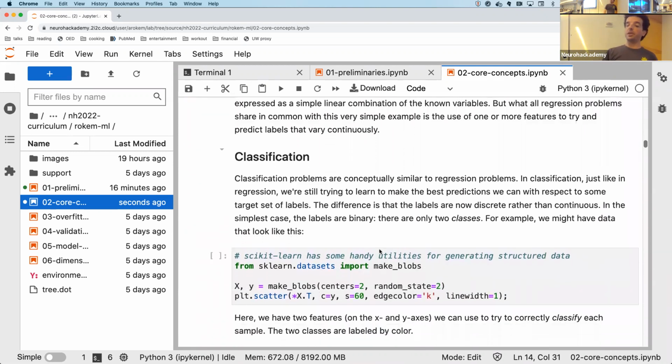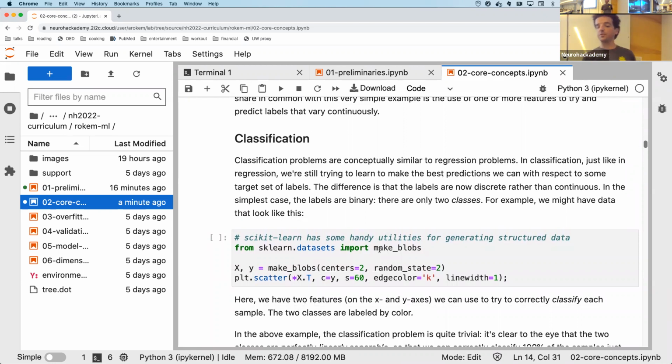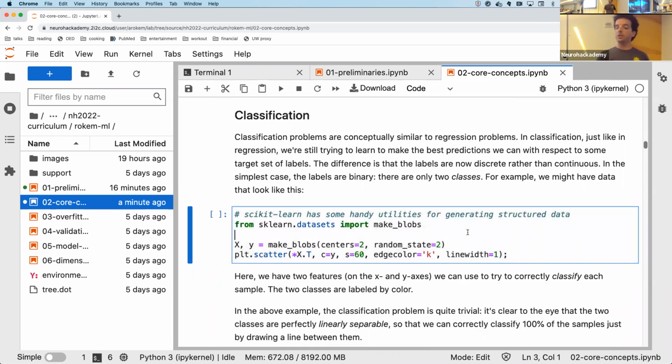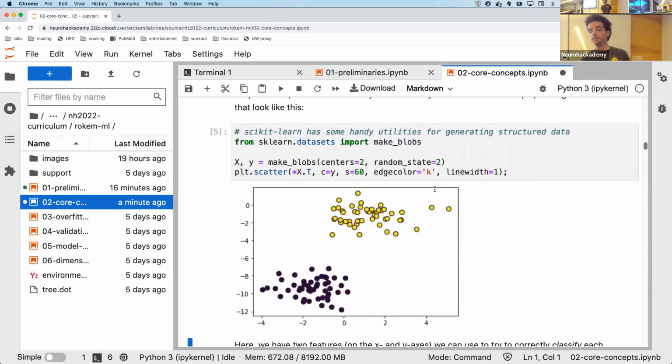Okay, the other kind of task in the supervised learning class of tasks is classification. So here there are discrete classes. Here, this has 2 dimensions. Now the setting that we have, X, has 2 columns. These are now features of X. And there is a Y, but that Y is the color of these points here.